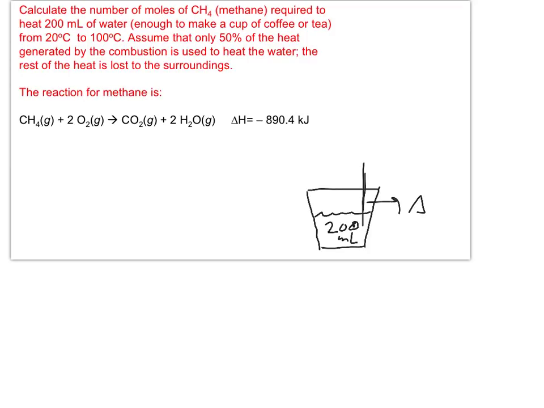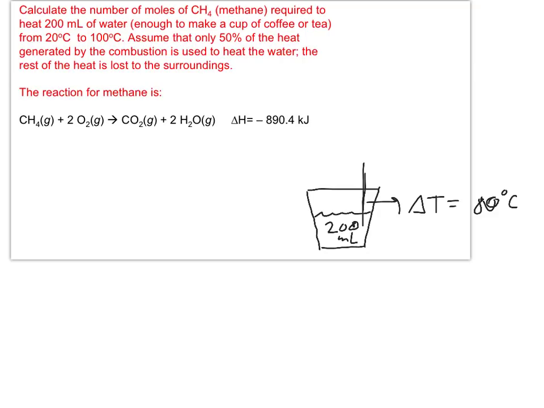So we're looking for a delta T of 80 degrees Celsius. It's positive, going from 20 to 100. And assume that only 50% of the heat generated by the combustion is used to heat the water. The rest of the heat is lost to the surroundings.